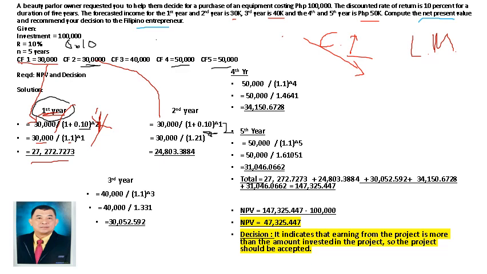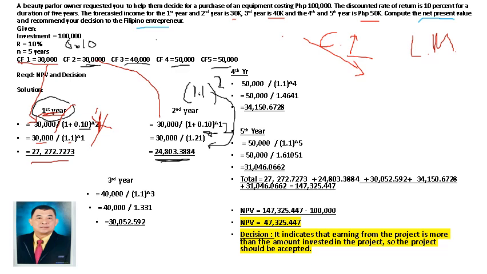So 1.1 raised to the second power gives you the answer of 1.21. So 30,000 divided by 1.21 gives you 24,803.3884.